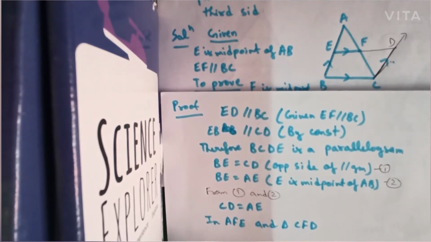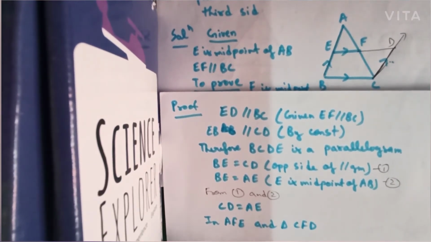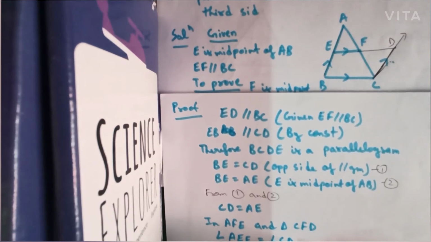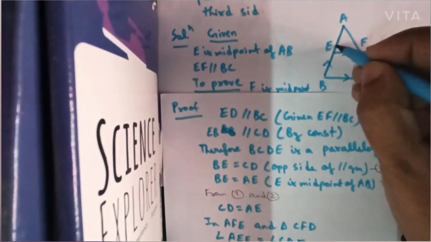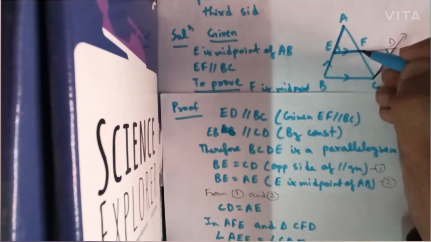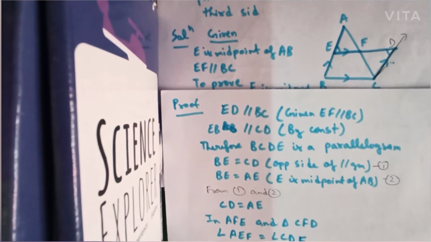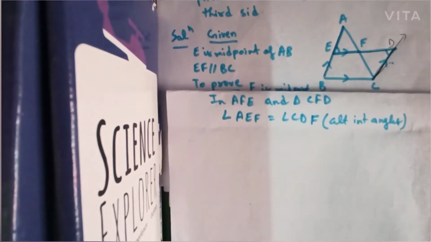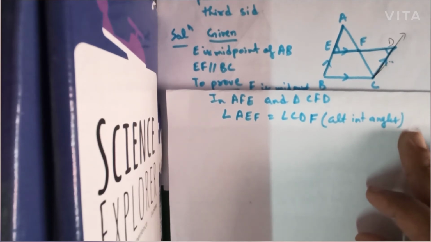In these two triangles, angle AEF will be equal to angle CDF, because these are parallel lines, so these are alternate interior angles.